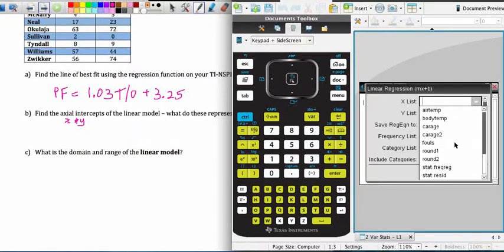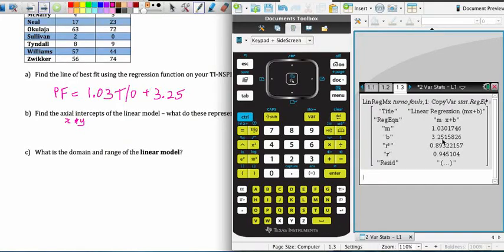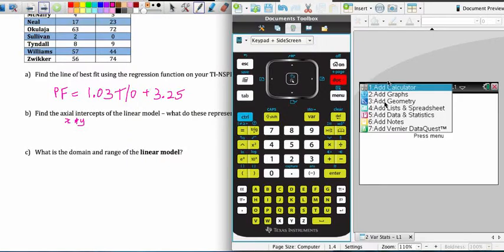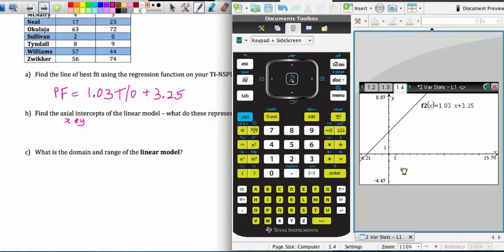My lists this time are going to be turnovers and fouls, and that's going to save as F2. So I'm going to go ahead and do that. Gives me the exact same equation, but this time I'm going to add a graph page, and when I scroll up, I'm going to have function F2 over there. I'm going to check F2 off, and now I have a graph of F2. I'm just going to slide that over a little bit to the left.